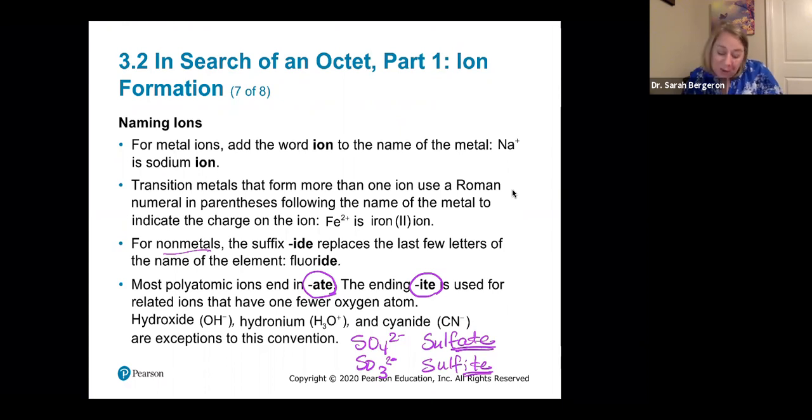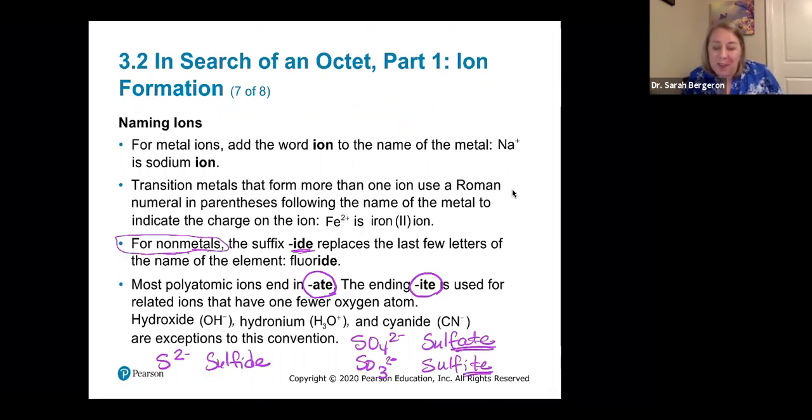because what if I have this sulfur ion and it's a nonmetal? So if I want to say this ion, S2 minus, how am I going to name that? I'm going to call that sulf, but I'm going to end it in ide, sulfide. So be careful.